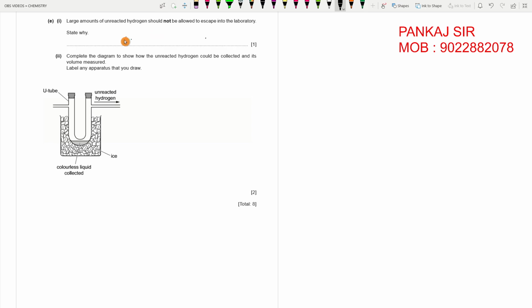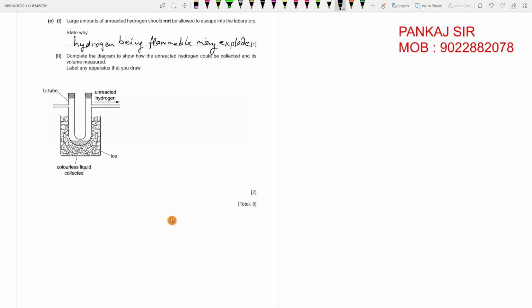So obviously the unreacted hydrogen, being flammable, may explode. And that's the reason it is not allowed to escape into the laboratory.